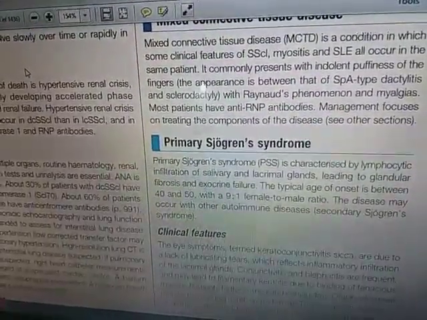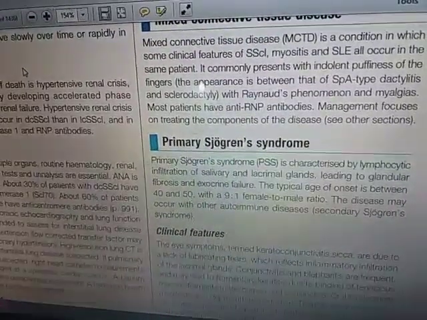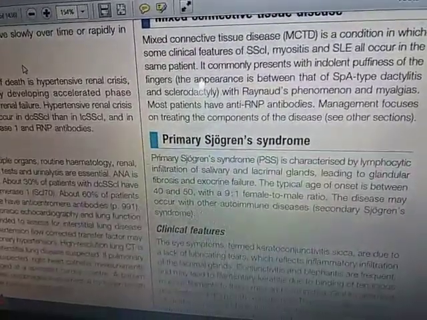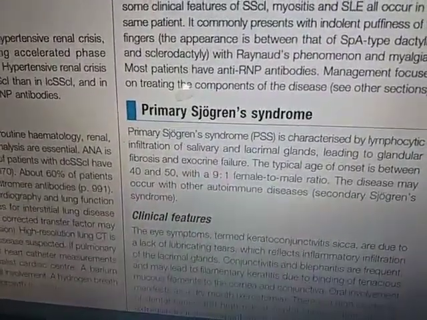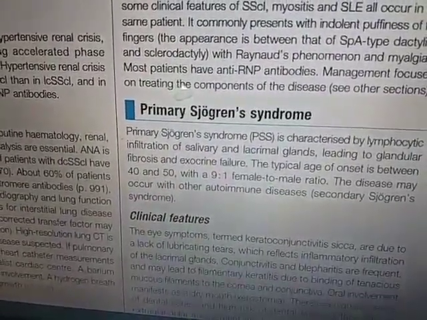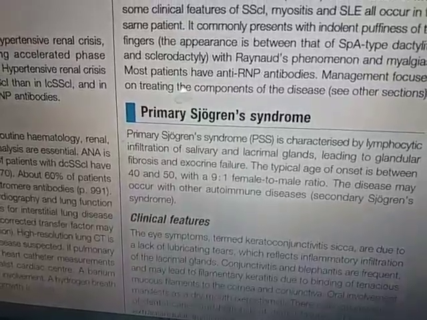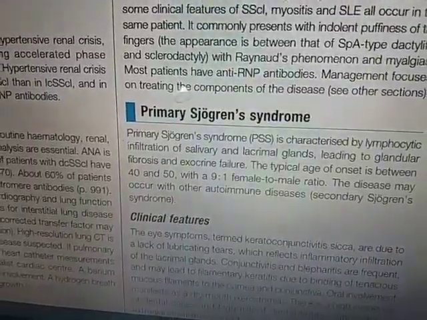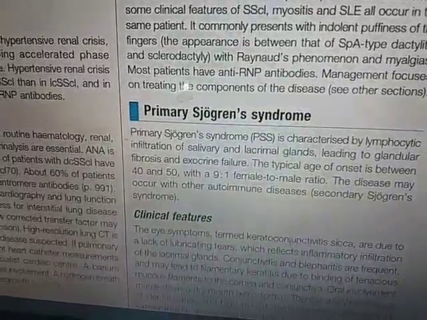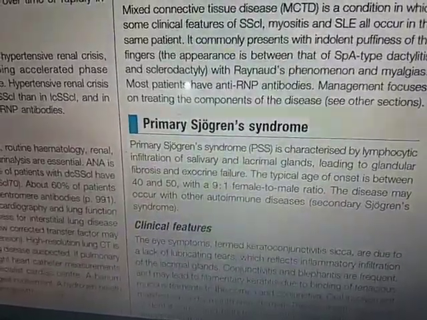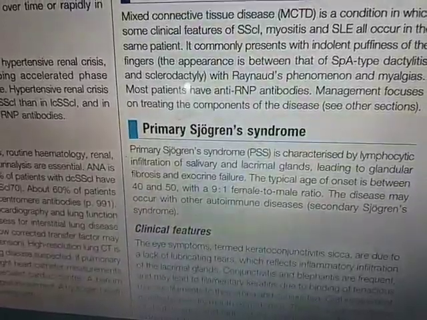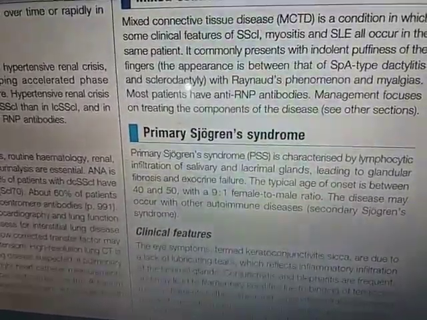Now, the management of Sjogren syndrome. For keratoconjunctivitis sicca, one has to use artificial tears، يعني دموع صناعية, in the form of methylcellulose eye drops, frequently used to keep the eye moist.